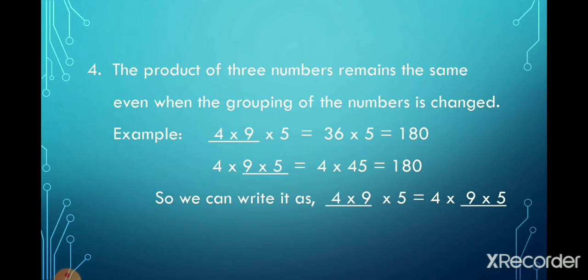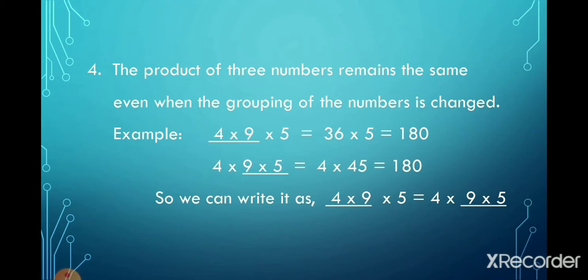First I multiply 4 into 9. 4 9s are 36, and then multiply with 5. 36 into 5 is 180. Now in the next one, first I have multiplied 9 5s, which is 45. Then this 45 I have multiplied with 4, 4 into 45, that is also 180.